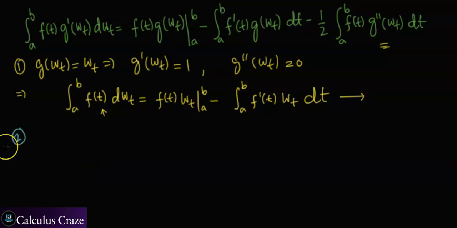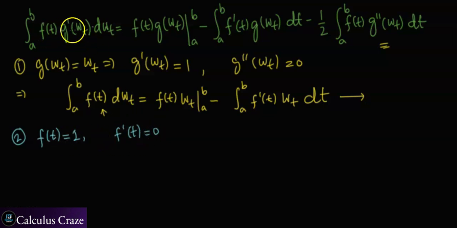The second result we can obtain is by setting f of t to be 1. If we take f of t to be 1, then its first derivative is going to be 0.